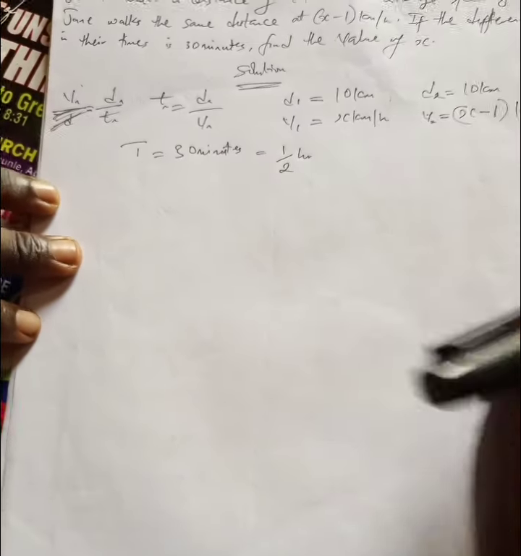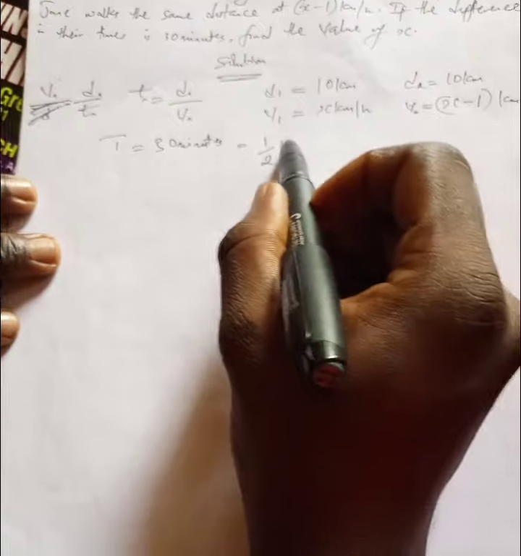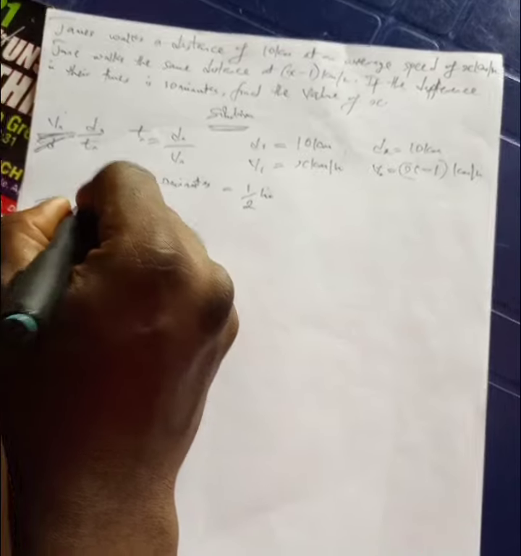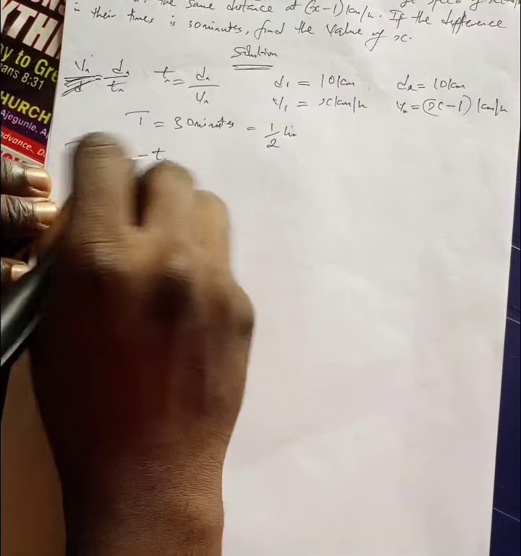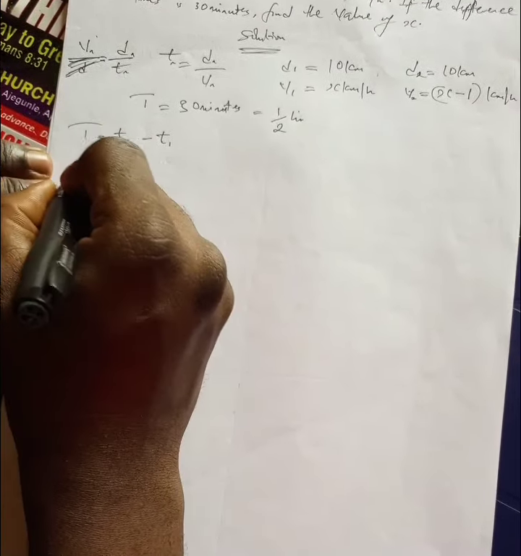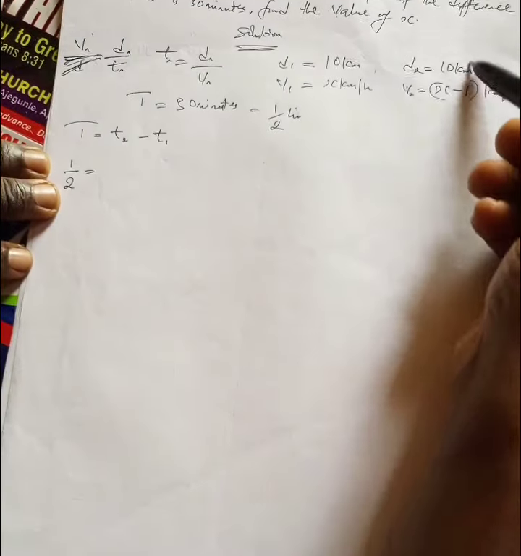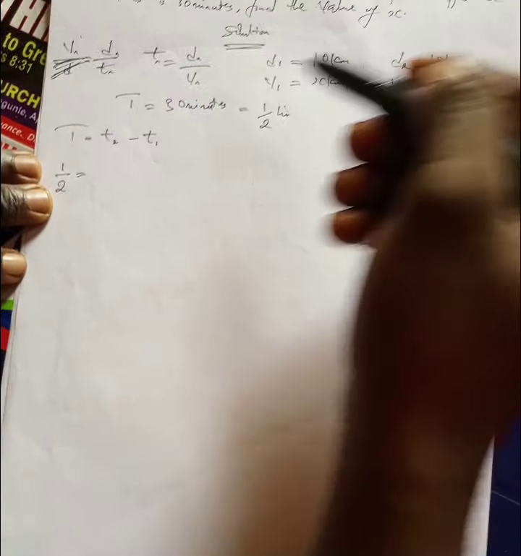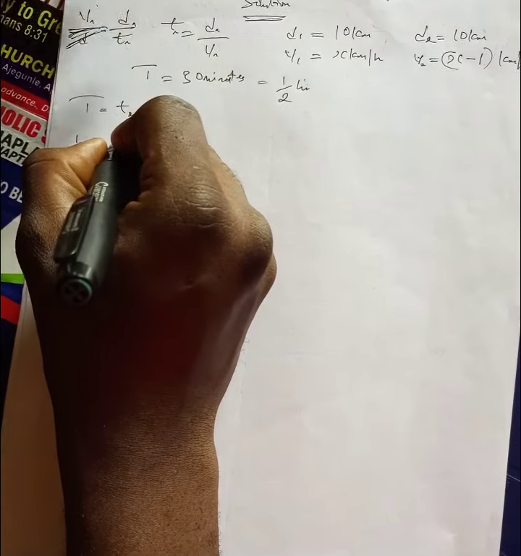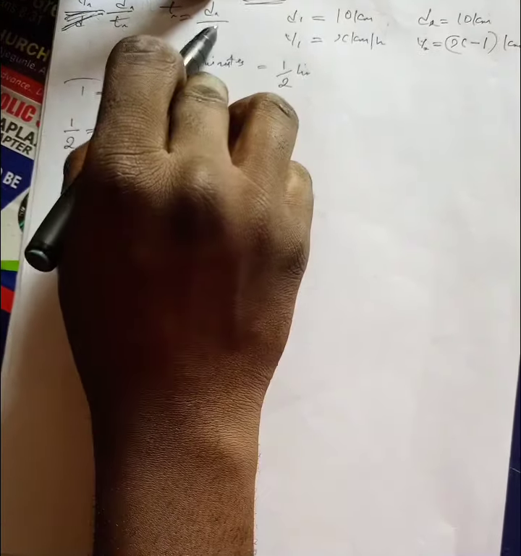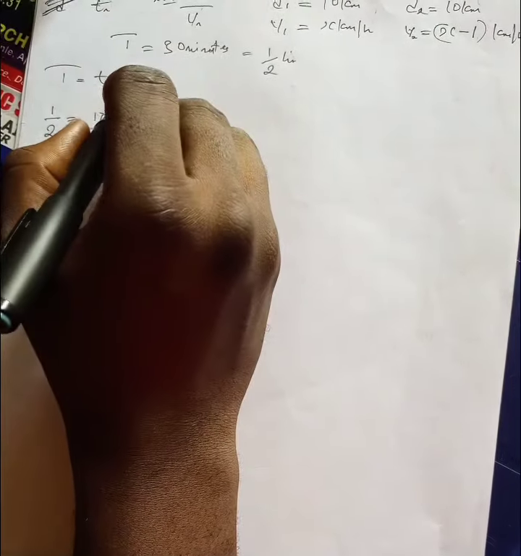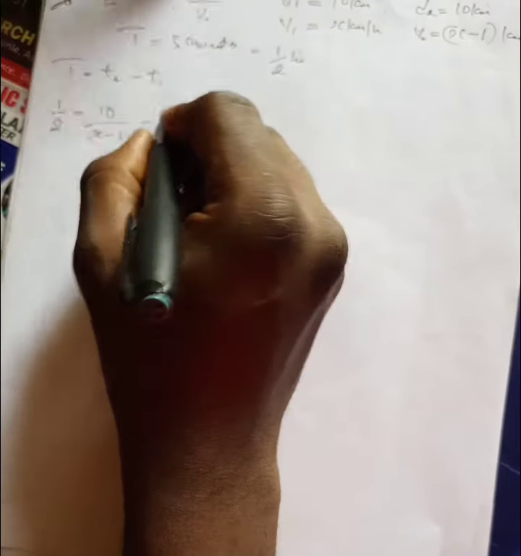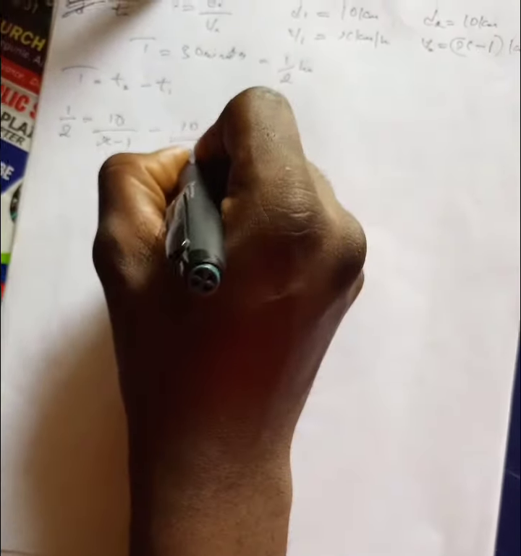So from here I'll have t equal to t2 minus t1, the difference in their times, which is 30 minutes, my half. T2, which takes the longer time, is 10 divided by x minus 1, minus t1, which is 10 divided by x.